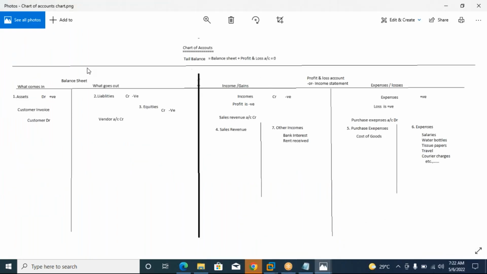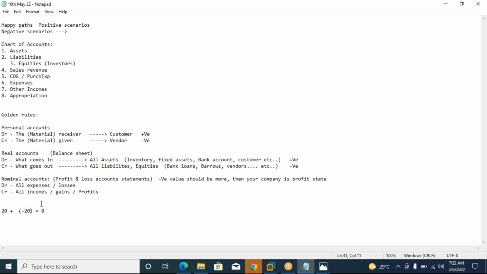So whenever you are posting one entry, one transaction will be posted here, and one transaction will be posted here. Many people are asking, what is this journal voucher? Actually, the word is journal voucher. Journal voucher means at least one debit and at least one credit.